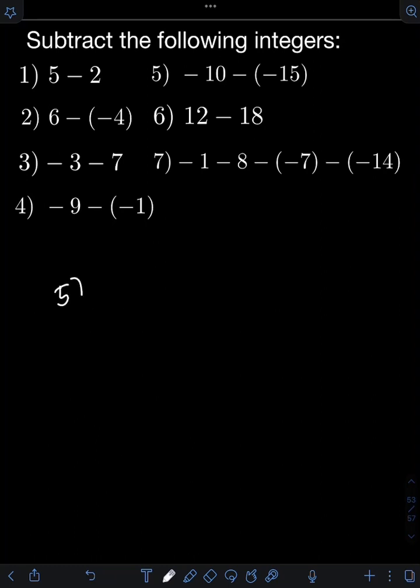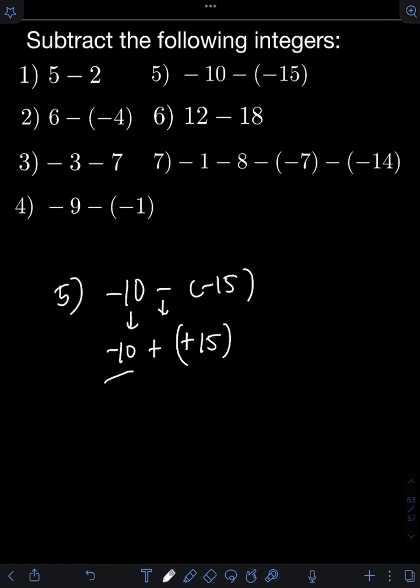For number 5, we have negative 10 minus negative 15. So let's copy the first number, negative 10. Change the minus to plus. Change the sign of the subtrahend to its opposite. So we have negative 15. If we change it to its opposite, it should become positive 15. So we are adding negative 10 plus positive 15, which are unlike signs, one negative and one positive.